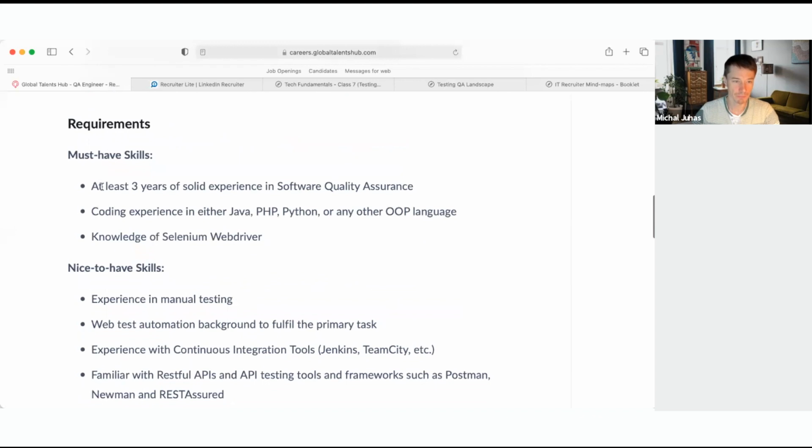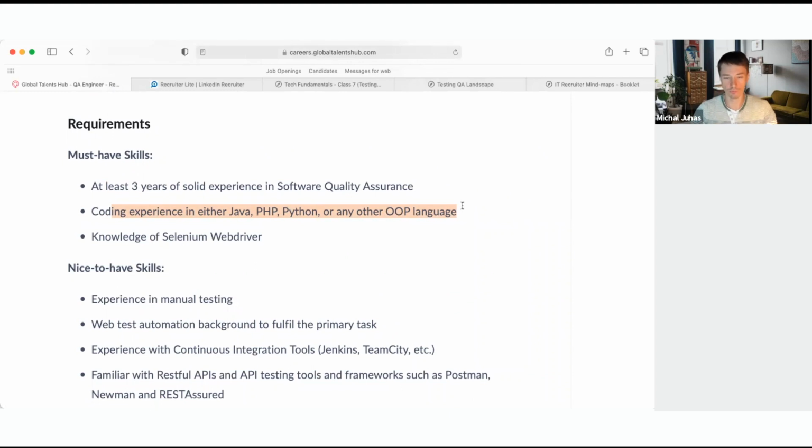Requirements, must-have skills: at least 3 years of solid experience in software quality assurance. So not development, but quality assurance, and coding experience in either of these languages. And now you can see this difference when we are looking for a C# developer or a Java developer, as Juliana just wrote. We are looking for a developer who has deep understanding of the particular language.